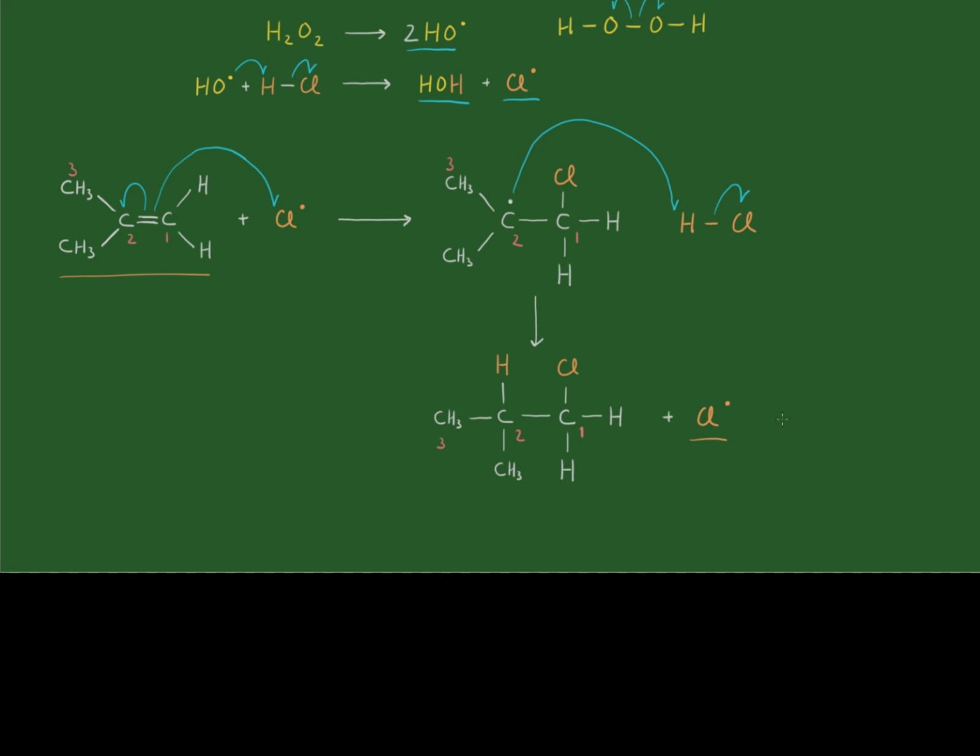Well, let's look at what happens. So I'm going to erase these arrows and redraw them a little bit differently. So now we're going to say that one of the pi electrons will end up on carbon number 1, and as before, the second electron of the pi double bond will react with the radical.